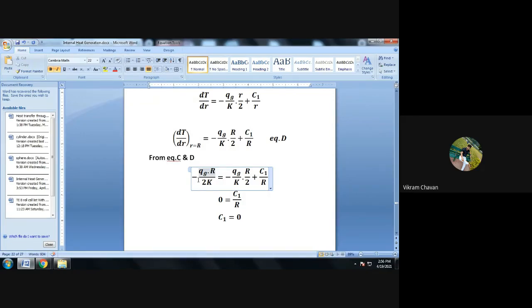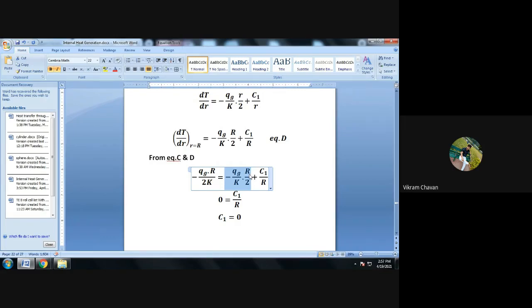From equation C we get this equation for differentiation of T with respect to r when r is equal to R. And from equation D we get minus q suffix g divided by k multiplied by R by 2 plus C1 divided by R. Now from this side minus qg multiplied by R divided by 2k, and from the other side the same term, will be cancelled.